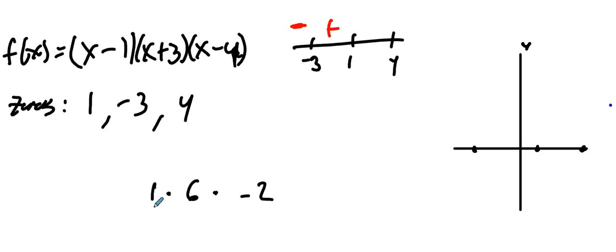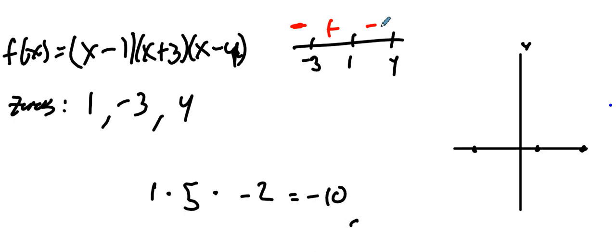Sorry about that. 2 minus 1 is 1. 2 plus 3 is actually 5. So 5 times negative 2 is negative 10. So that means the function between here is decreasing.